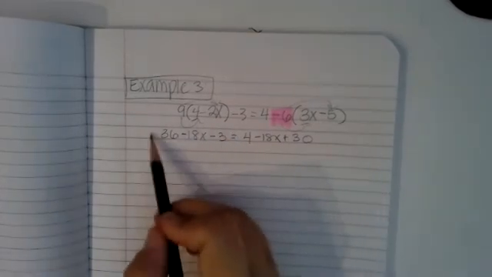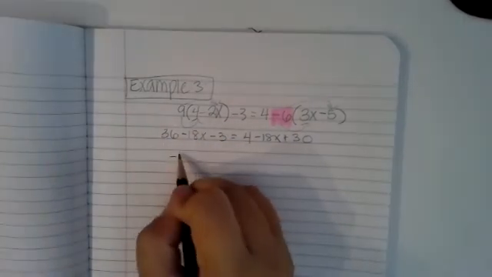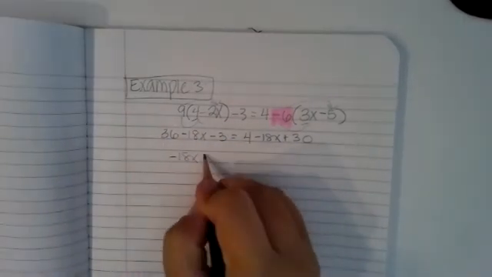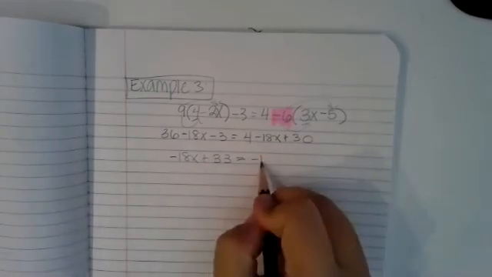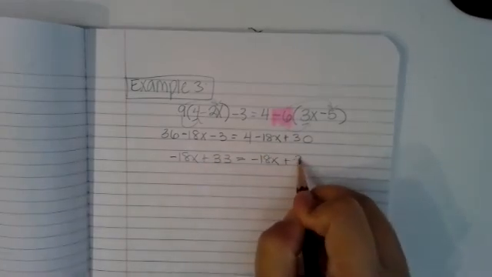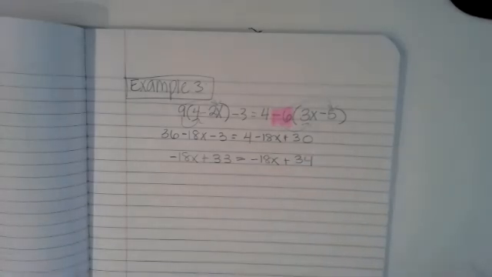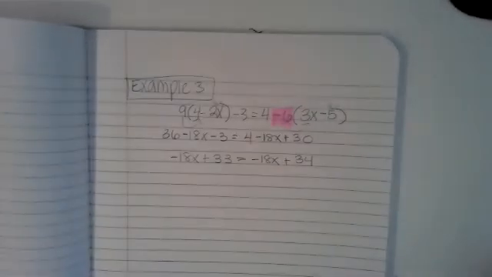So now I'm going to combine like terms. So I have a negative 18x plus 33 is equal to a negative 18x plus 34. Okay, have we noticed something yet? Yes. That my negative 18x is on both sides. So they have the same coefficient.